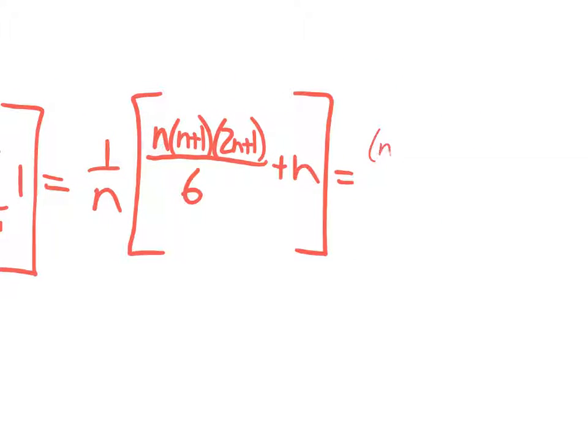So it'll just be n plus 1 times 2n plus 1 over 6, and then it'll cancel out that n as well, so it'll be a plus 1 on the end. All right? So now, whatever n is, we just plug in the n and we can figure out what the sum equals. Okay? So that's a little bit of review, what we're going to be using here in the near future.